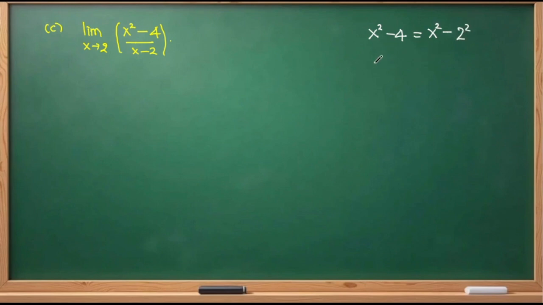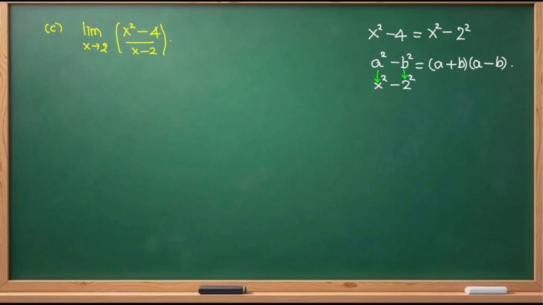So this becomes a difference of 2 squares, in that if you have a squared minus b squared, this can be written as the sum of the two terms, a plus b, times the difference of the two terms, a minus b. So when we position our x squared under a squared and 2 squared under b squared, we realize that the value of a corresponds to x and the value of b corresponds to 2.